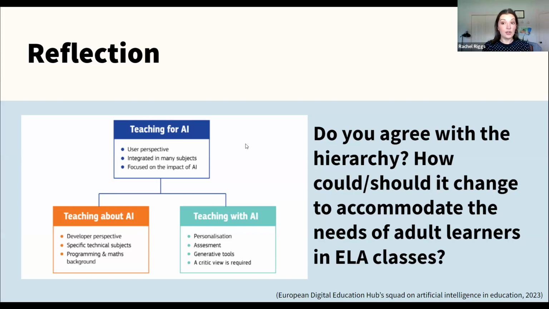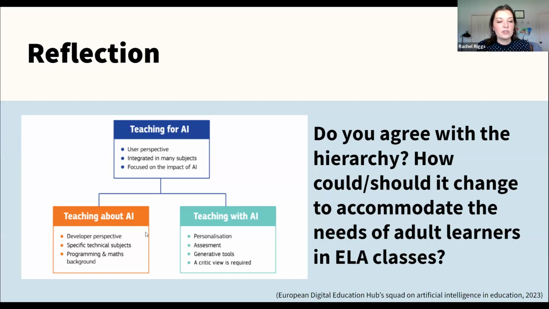What we have heard and found in our work is a lot of adult educators first really feel like they want to be prepared with the teaching with AI component. We've also heard adult educators equate teaching for AI with other digital skills, so that overlap between the digital skills someone needs in general and how that prepares them from a user perspective to use AI tools.